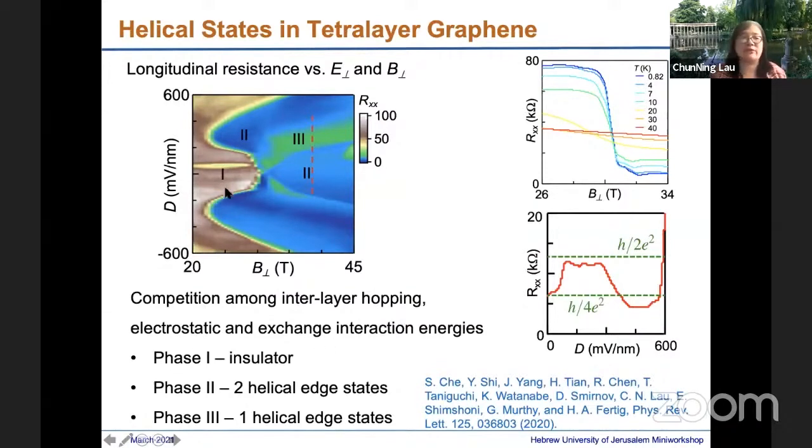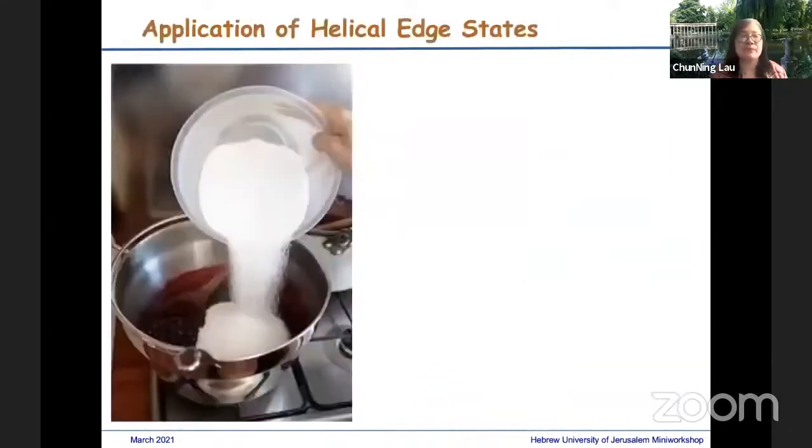So phase 1 is the insulator, phase 2 has 2 helical edge states, and phase 3 has 1 helical edge state. So again, we have quantum phase transitions between various phases with different helical edge states.